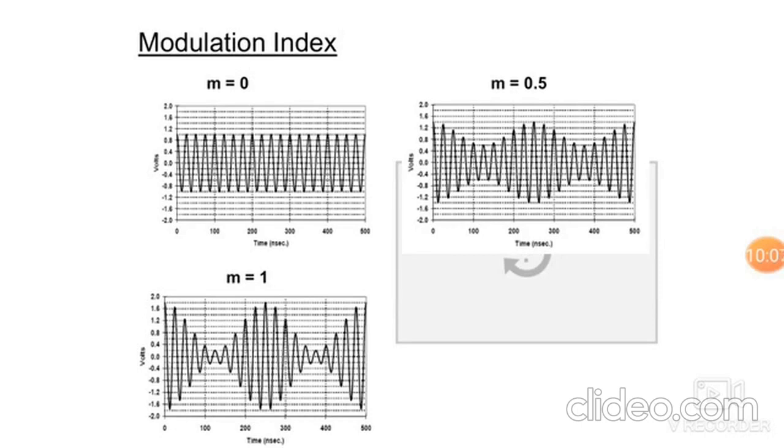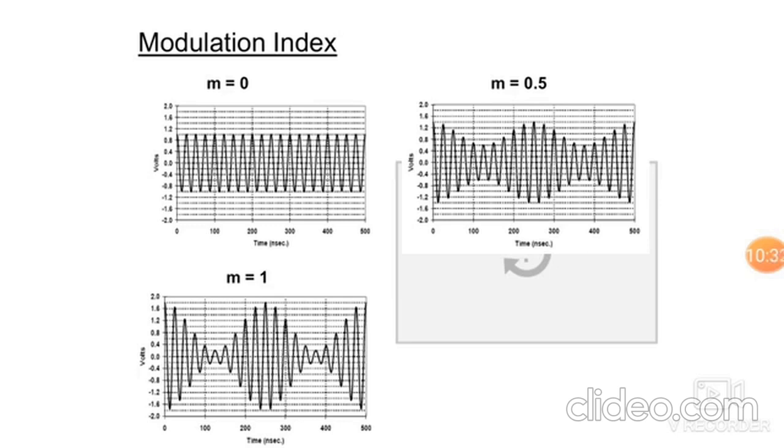We said for m equal to 0 there is no modulation, for m equal to 1 that is critical or 100% modulation. The first diagram is for m equal to 0, and this diagram represents no modulation. How we identify there is no modulation: the carrier signal's amplitude is as it is, there is no change in the amplitude of the carrier signal.